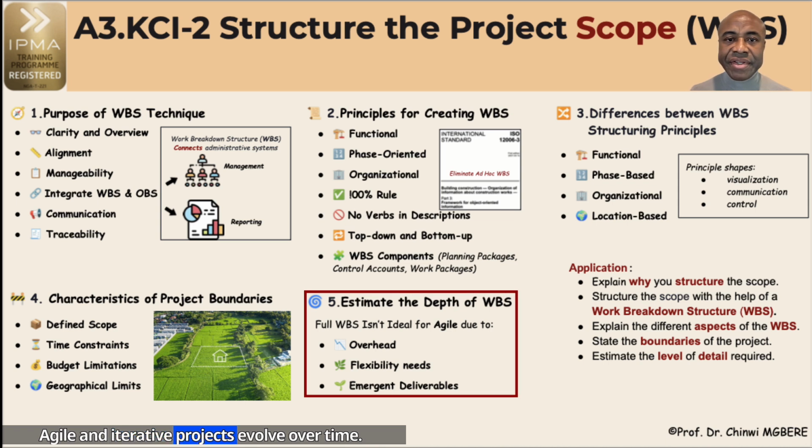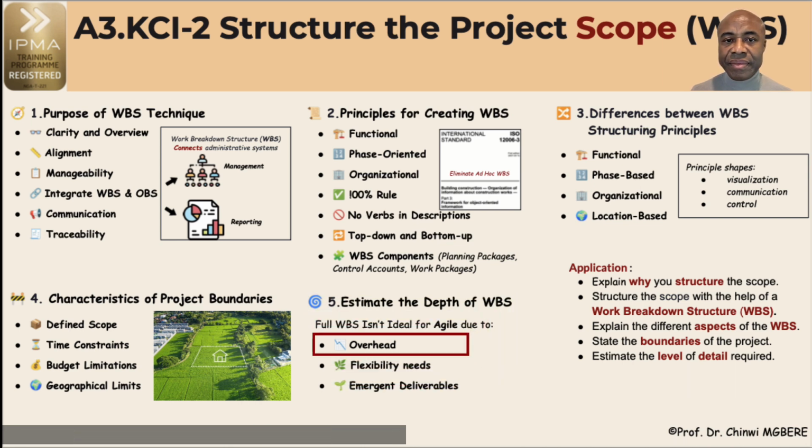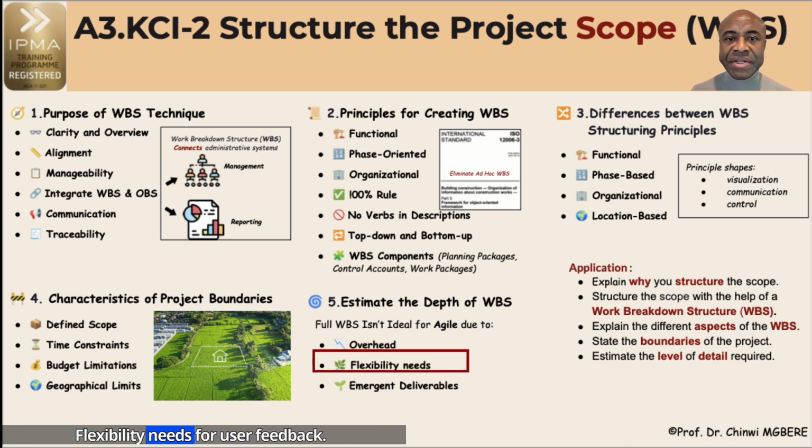Agile and iterative projects evolve over time. Applying a full work breakdown structure upfront can be counterproductive due to overhead costs as a result of constant rework of the work breakdown structure, reducing efficiency. Flexibility needs for user feedback.